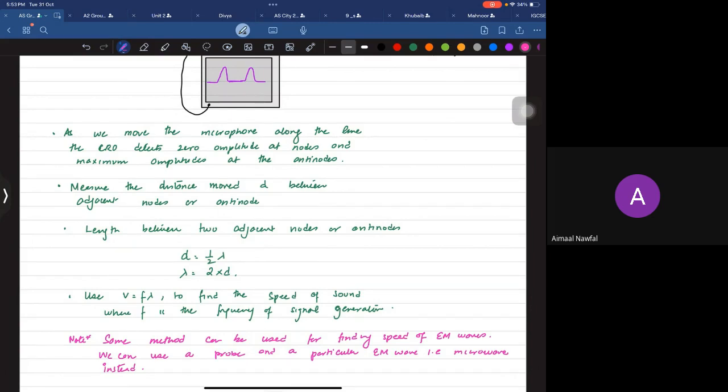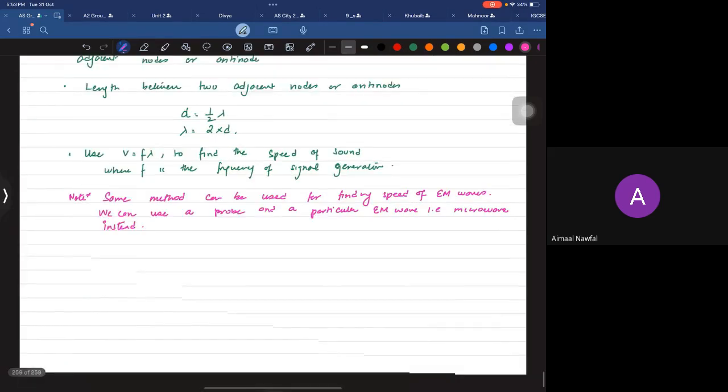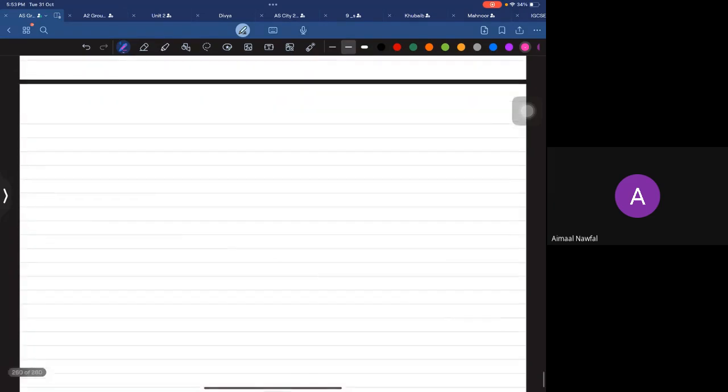Now, the next method that we're going to discuss is called Kundt's dust experiment. Now, this experiment is done by putting a speaker inside a pipe.